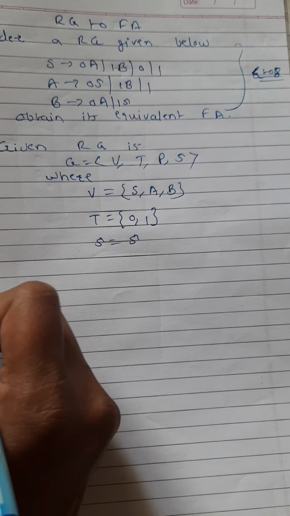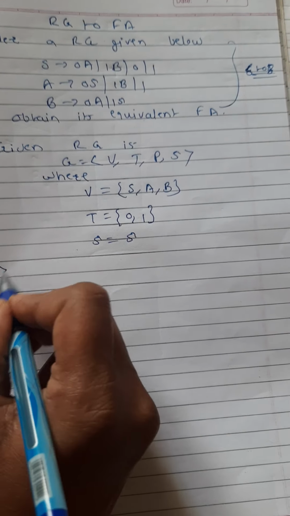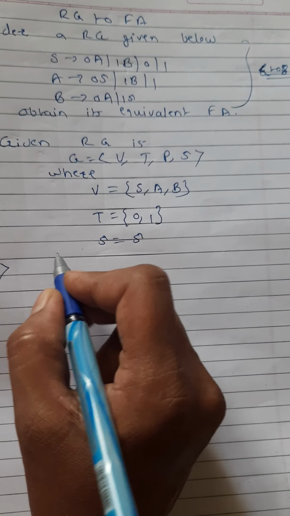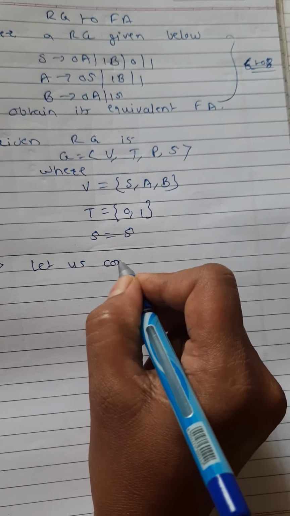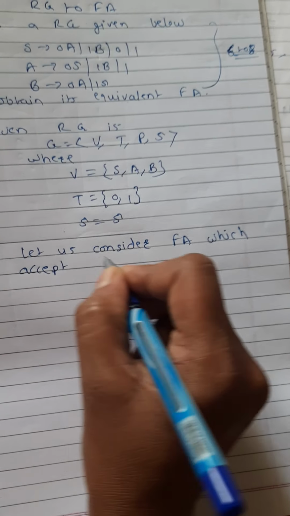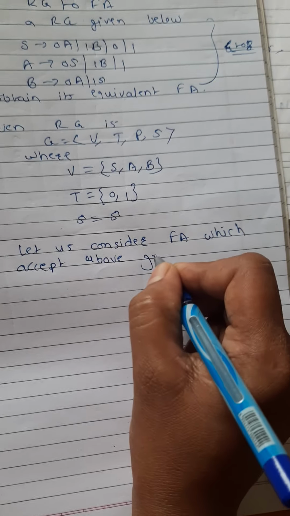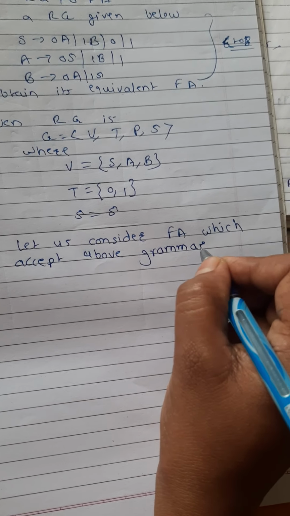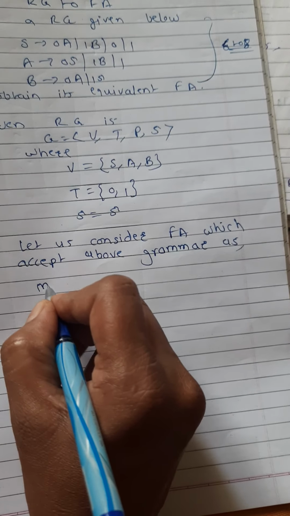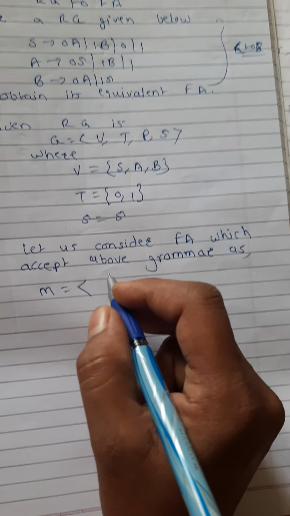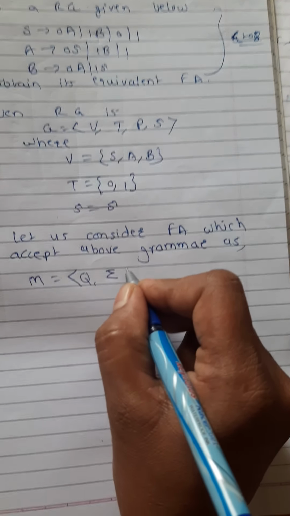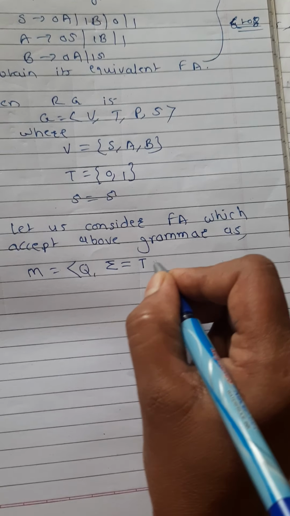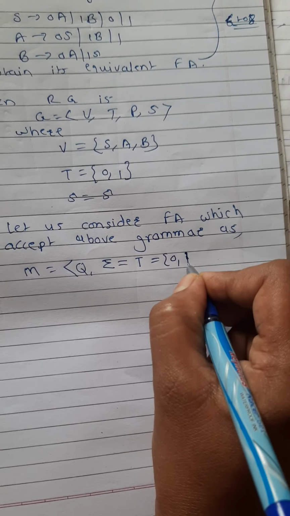Okay, now here step 1. Now we have to convert this given RG into the equivalent FA. Okay, so let us consider an FA which accepts the above grammar as M is equal to, we know that a finite automaton consists of a total of 5 tuples: Q, sigma, delta, Q0, F. Here sigma, in case of this conversion, must be equal to T, that is 0, 1.